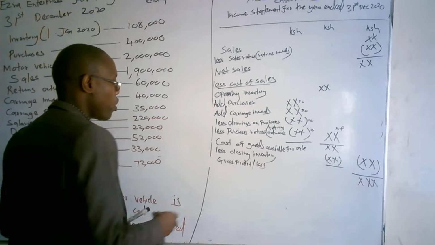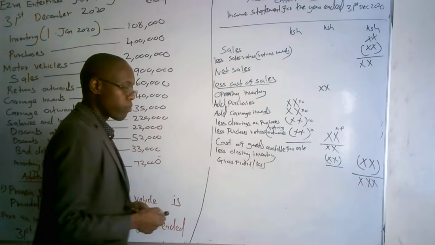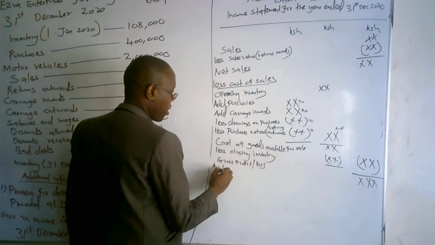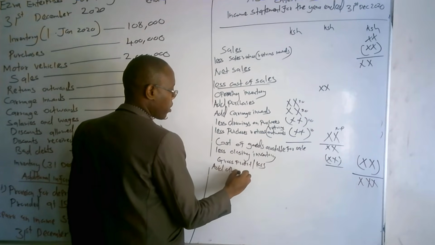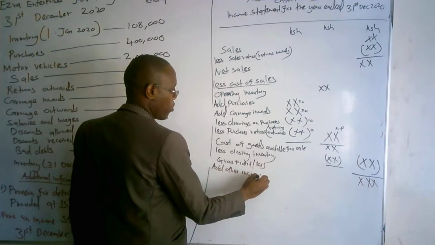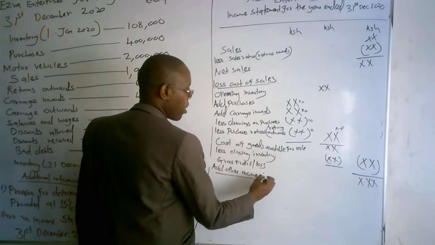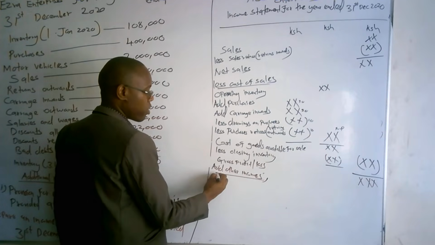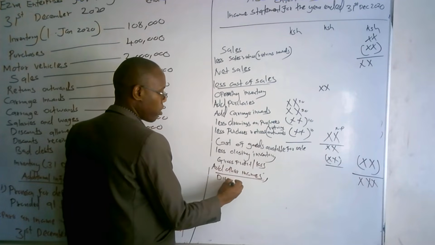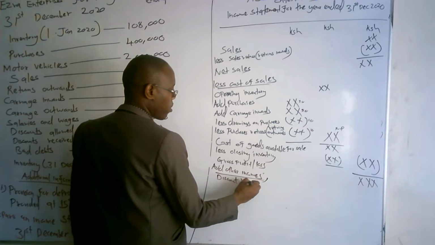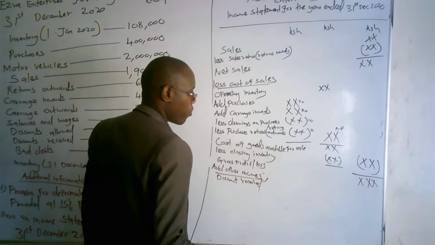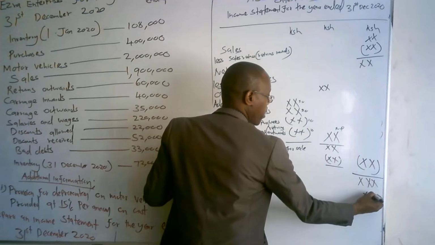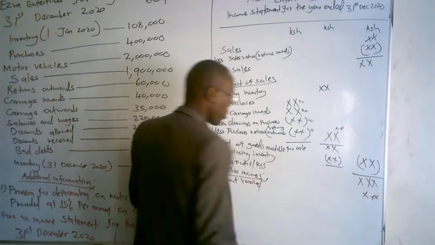We are going to continue by adding other incomes. Some of the other incomes that we may have are discounts received, which will be added here to the gross profit.